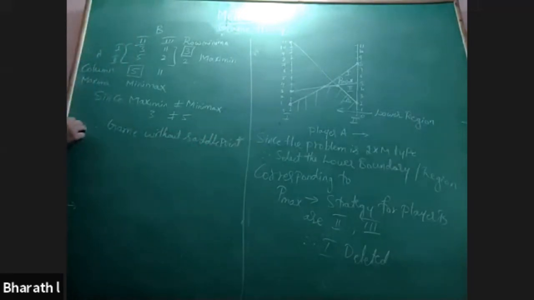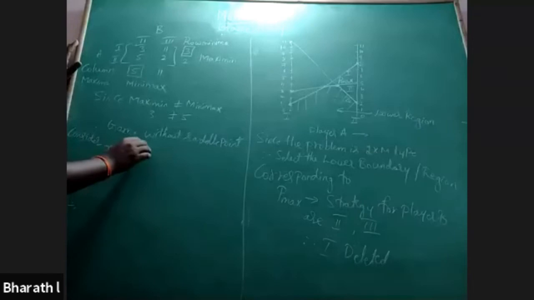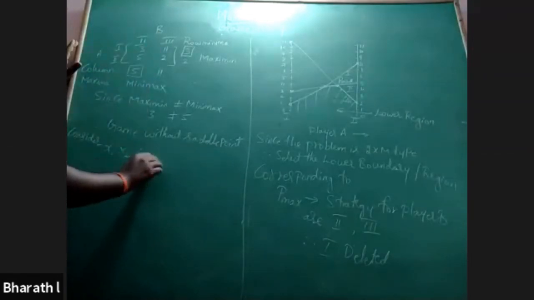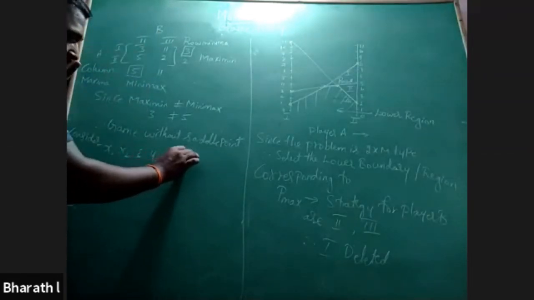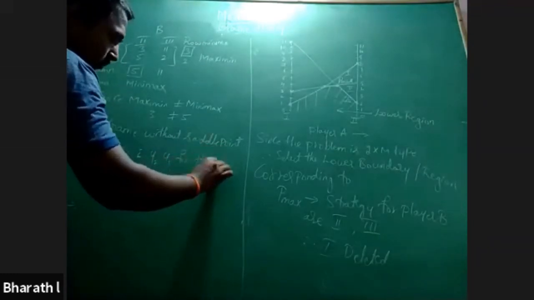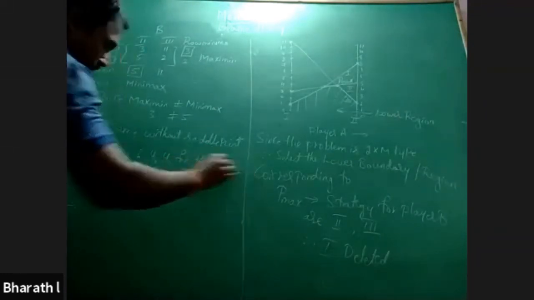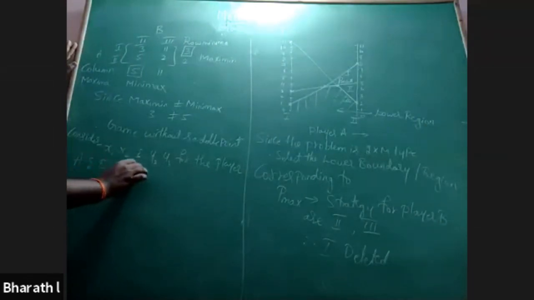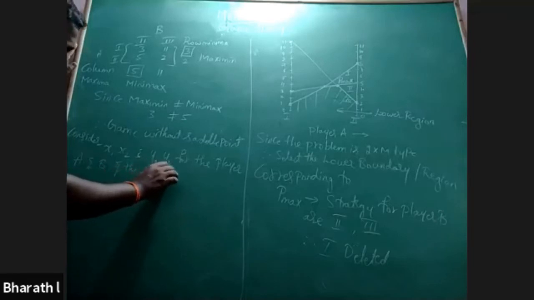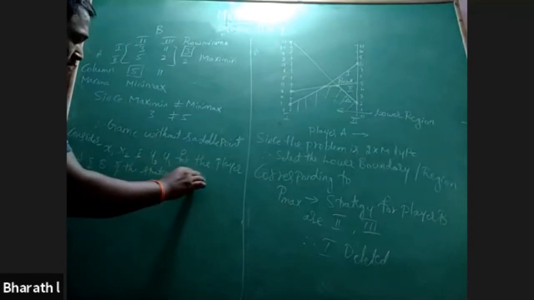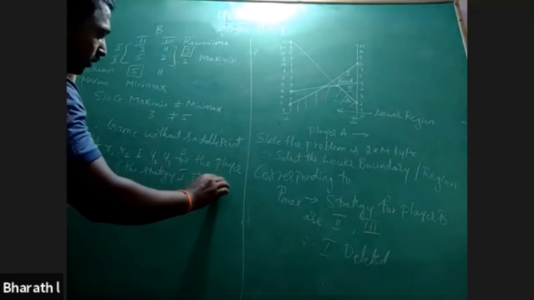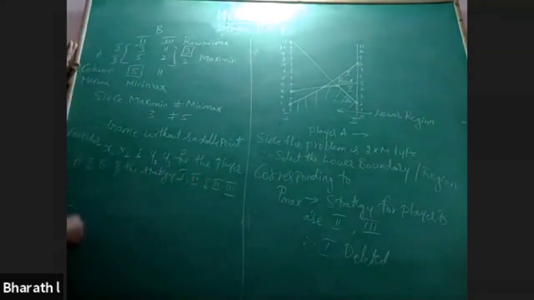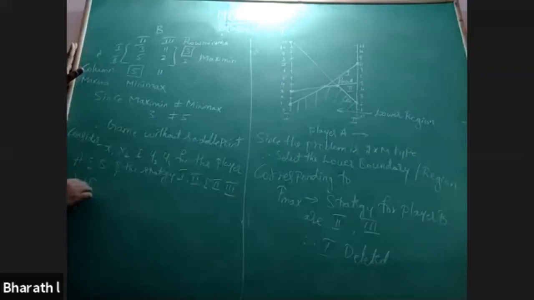The next you need to consider x1, x2 and y2, y3 for players A and B of the strategies 1, 2 and 2, 3 respectively.